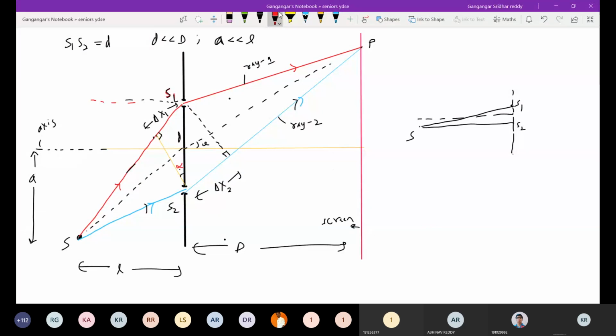I'll mark this distance as delta x1. This angle, let me call alpha. If this is alpha, this should be alpha. Even the angle made by this should be alpha.